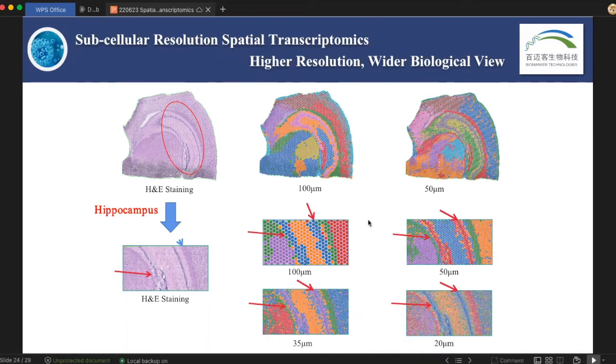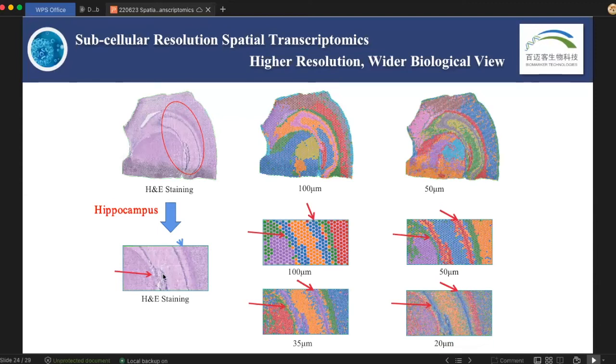But if we look into more detail, for example, the edges or these small regions, we find that once we increase the resolution from 100 to 50, even to 35, they start to form more and more clear structures that can be better aligned back to this HE staining. For example, here there is only one spot layer shown in this 100 micrometer data, but on the HE staining you can see this small empty part here.